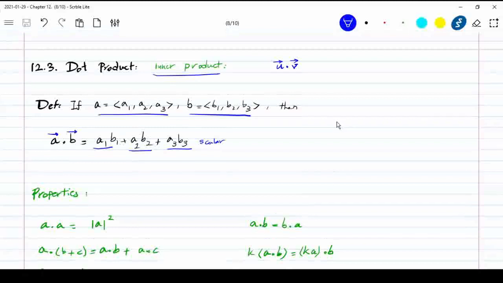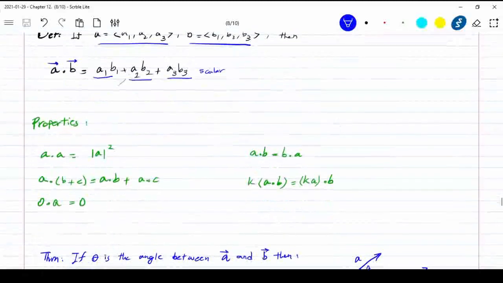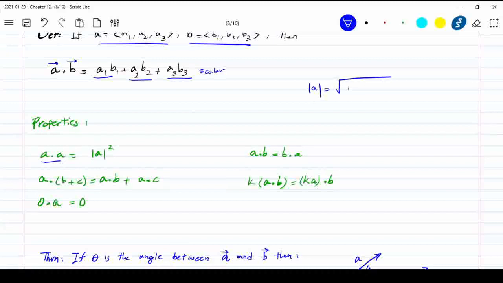There are certain properties of the dot product. If you multiply a vector by itself in terms of dot product, what you get is basically the magnitude squared. You can try that: if you remember, the magnitude of a was the square root of a1 squared plus a2 squared plus a3 squared.